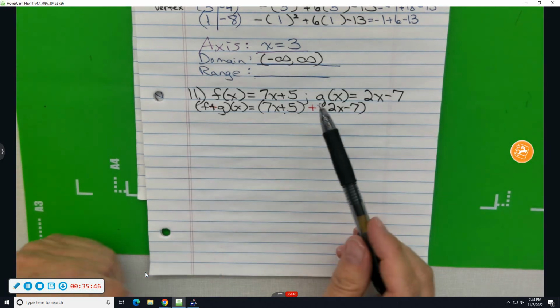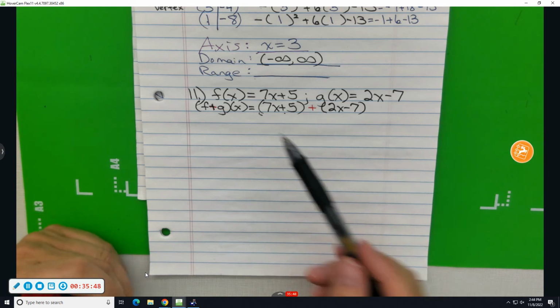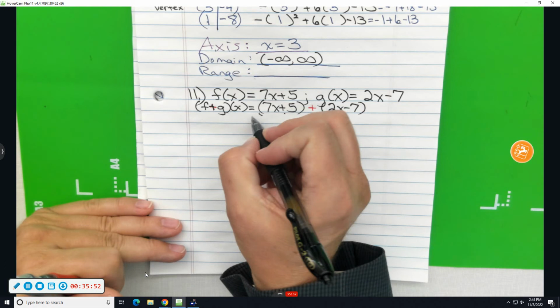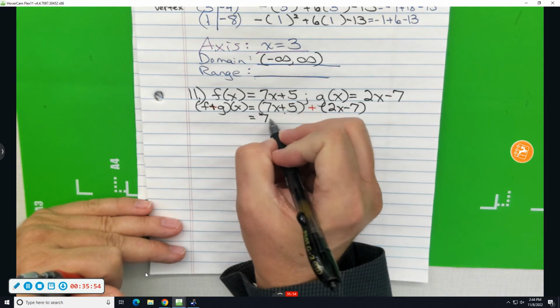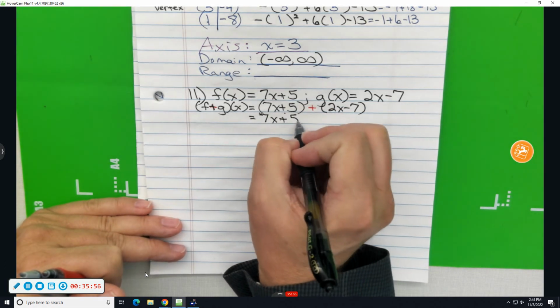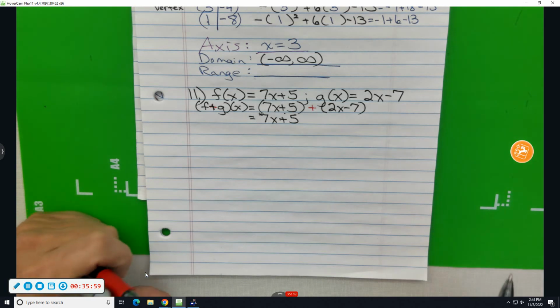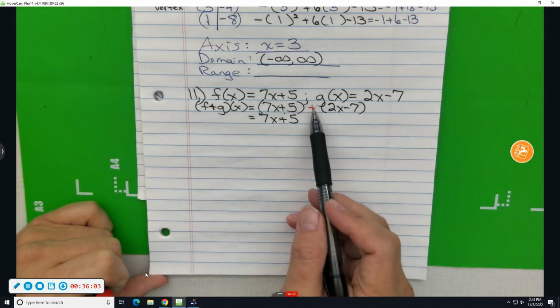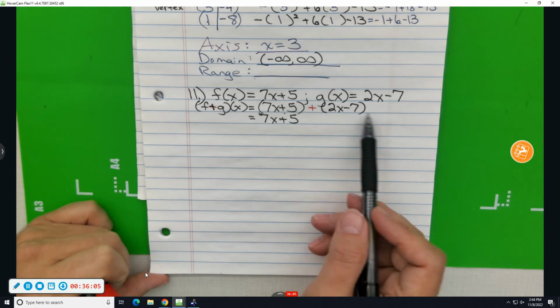And these parentheses are unnecessary. There's nothing in front of that first one to distribute, so that's just going to be dropped. I guess you could say you're multiplying by a positive 1. That doesn't change anything. The second set of parentheses, once again, there's just a positive 1 to be distributed.